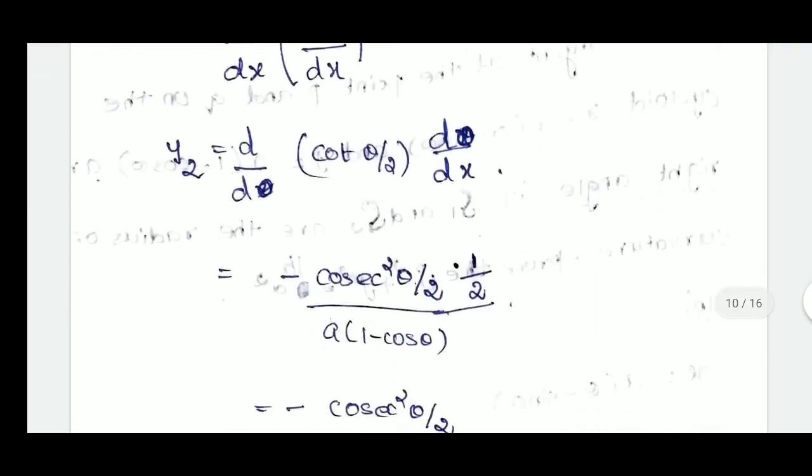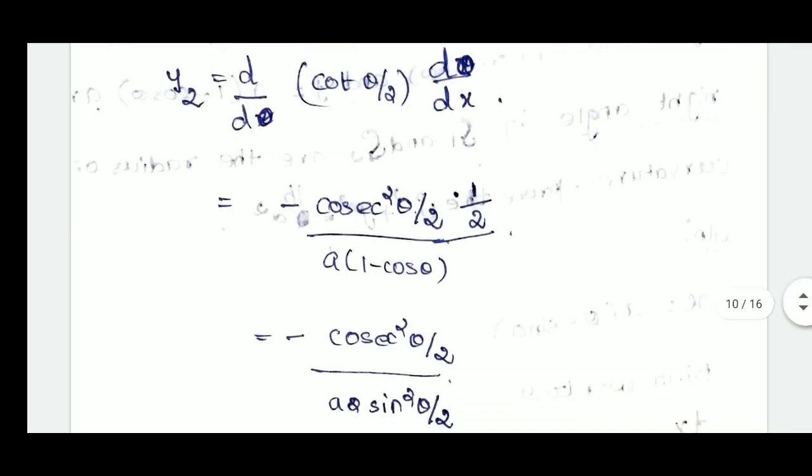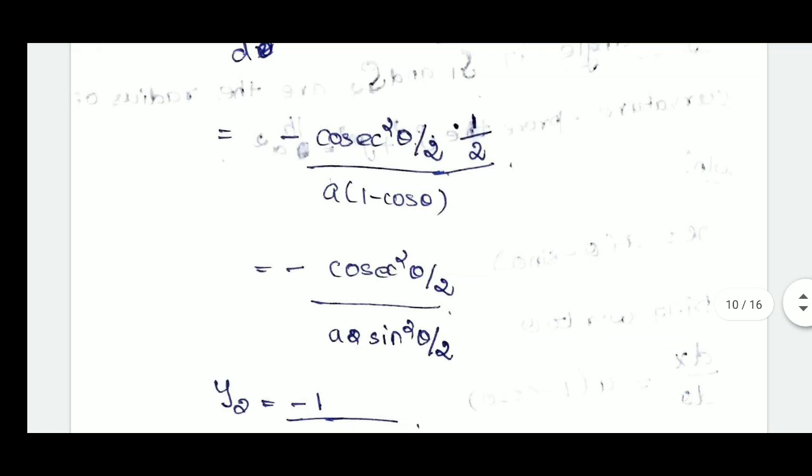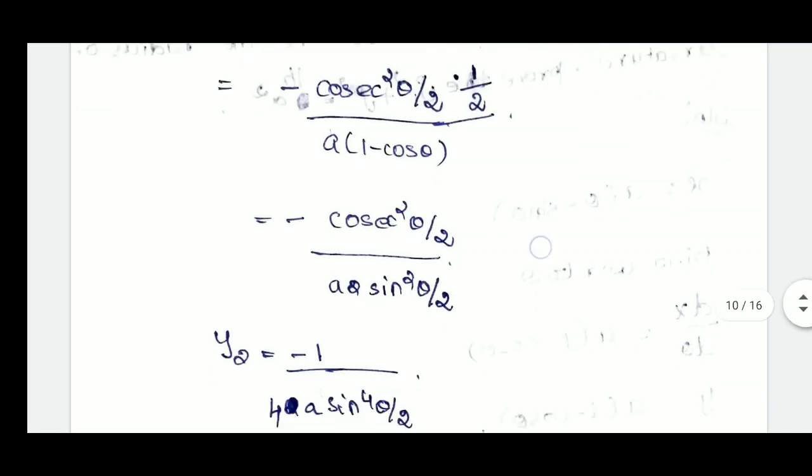Differentiation of cot theta by 2 is minus cosecant square theta by 2 into the differentiation of the angle theta by 2, which is 1 by 2. And instead of d theta by dx we write 1 by a into 1 minus cos theta, where the formula for 1 minus cos theta is 2 sin square theta by 2.